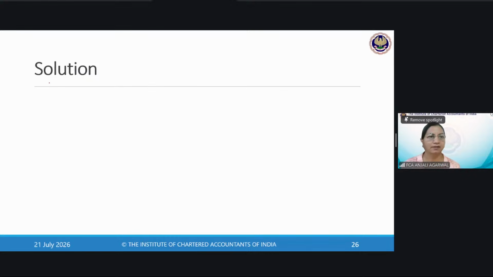So first, let's find out the forward rates. We have three exchange rates to deal with. One is directly the spot rate. Basis that we will calculate the 1 year forward rate.